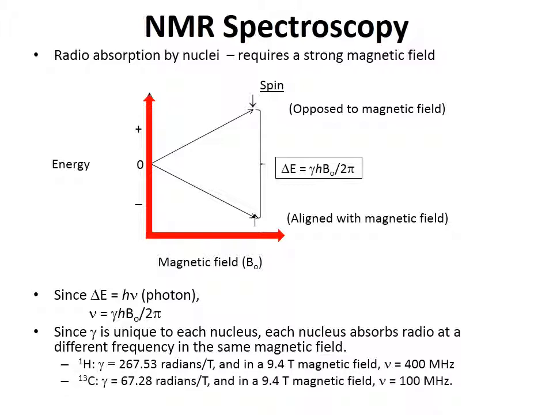Carbon-13 has a gamma that's much smaller, it's 67.28 radians per Tesla. So in the same magnetic field strength of 9.4 Tesla, the frequency of radio absorbed by carbon-13 is 100 megahertz, 1/4 that of a proton.